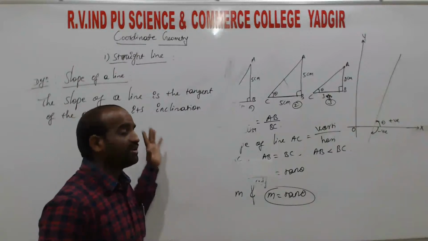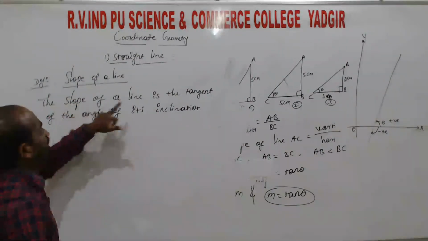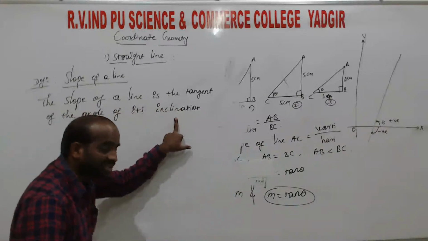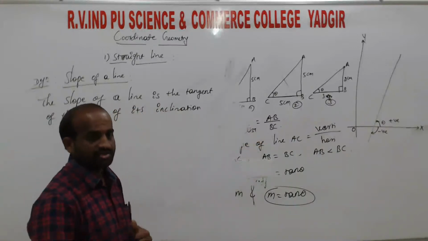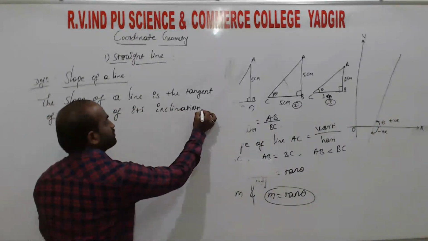This means the slope of a line is the tangent of the angle of its inclination, positive anti-clockwise direction.